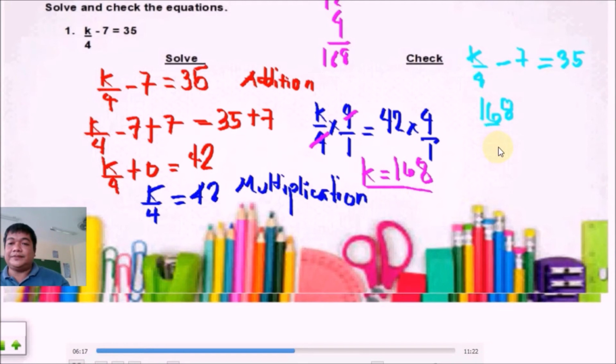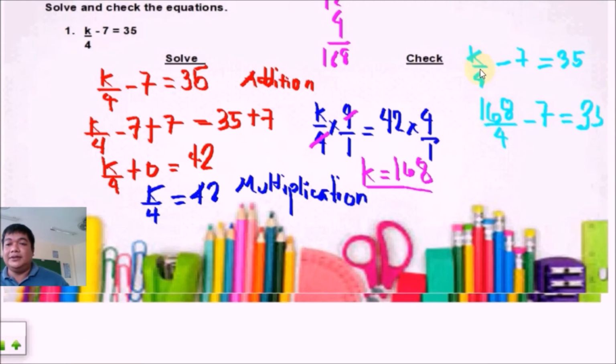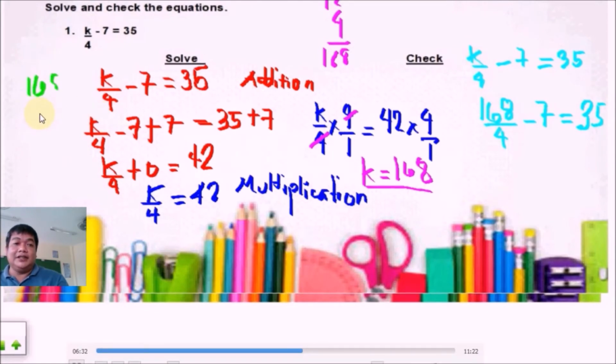So that will be equal to, okay, 168 is the value of k. So that's why we write 168 here. So 168 divided by 4.